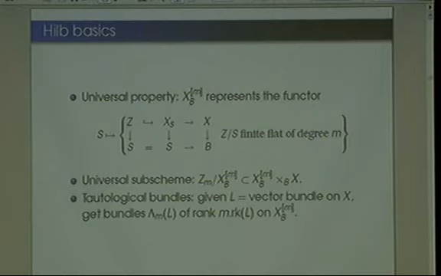Starting with any given vector bundle on X, we can form tautological bundles, which I denote by lambda sub m of L, having rank m times rank of L on this Hilbert scheme, and the fiber of this bundle on a given point of the Hilbert scheme, that is, on a given subscheme, can be identified with the restriction of the bundle on that subscheme.